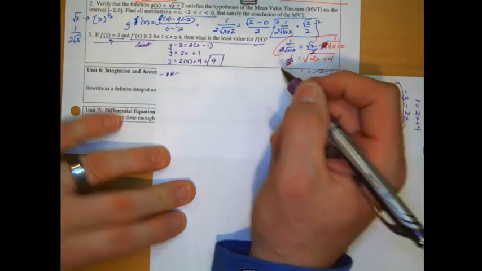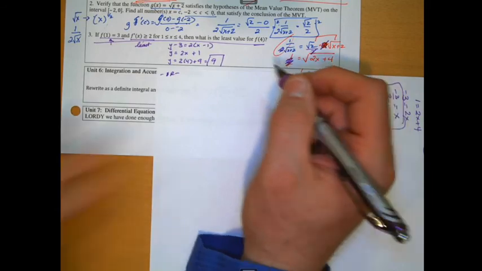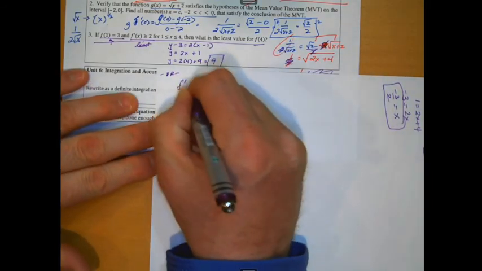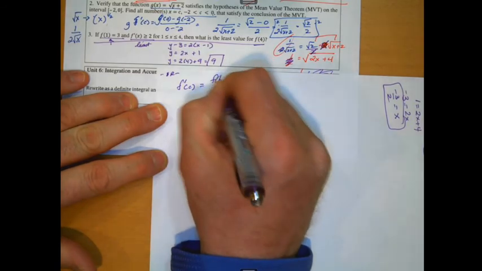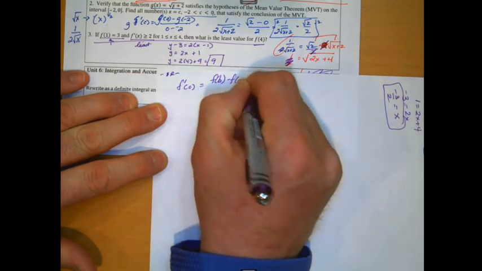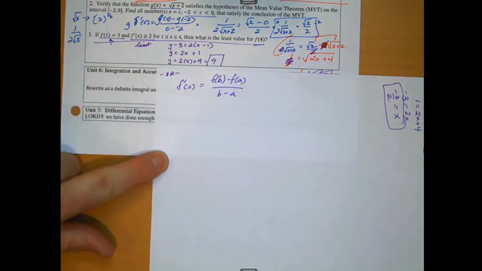Or, if we look at the least value for this using the mean value theorem, I have to know that the derivative at c is equal to f of b minus f of a over b minus a. And I have one of those values.